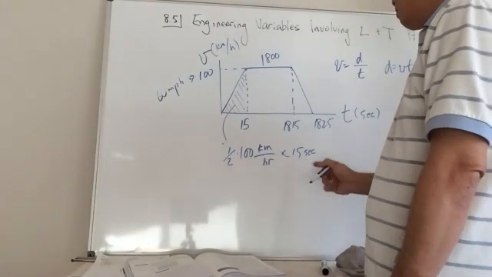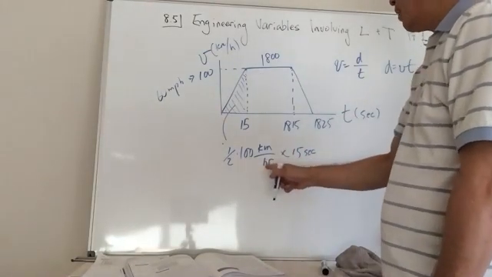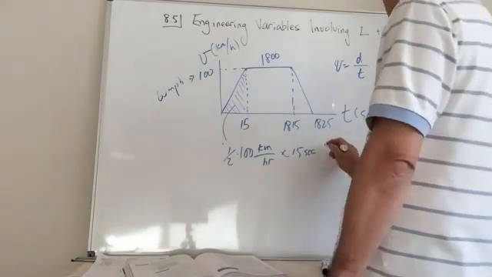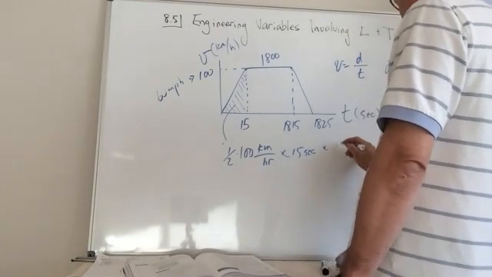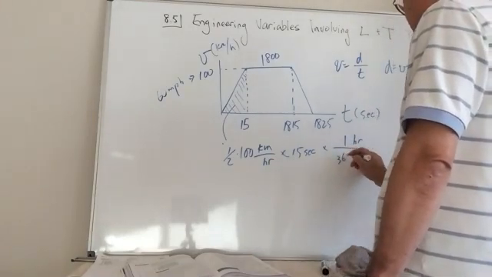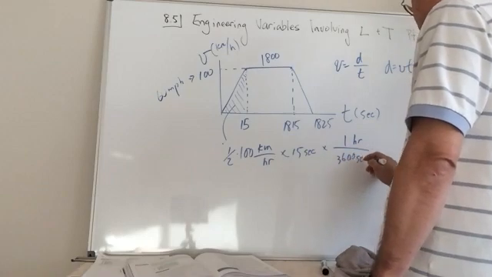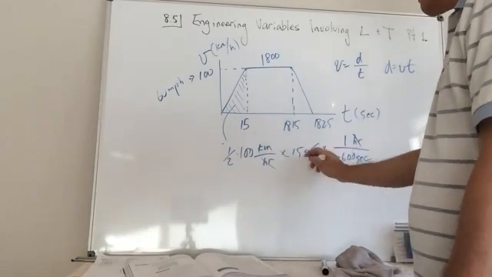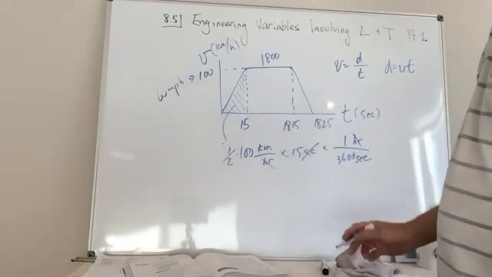The problem is I now have to convert hours and seconds. So 1 hour is this many seconds. Now the hours cancel out, the seconds cancel out, and this is what I'm going to get.